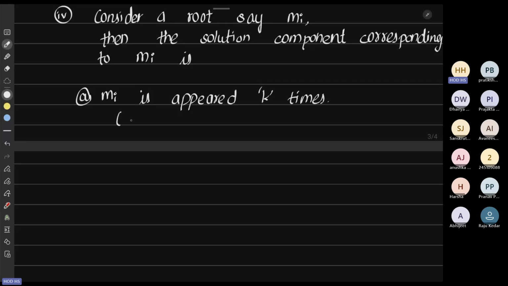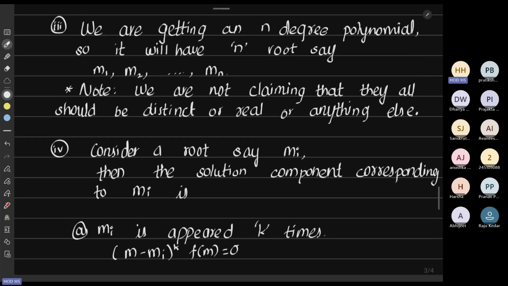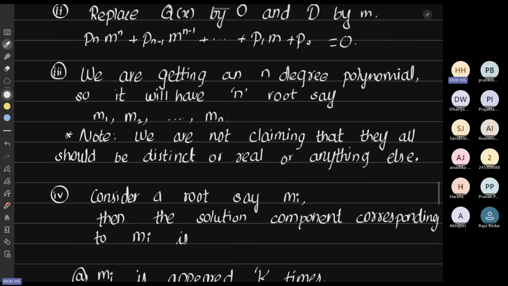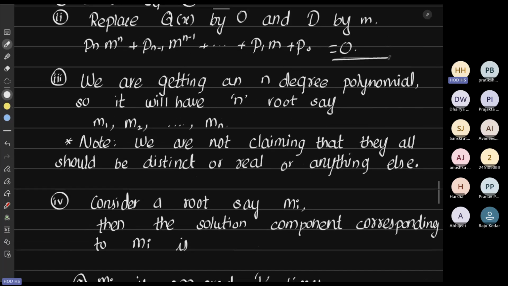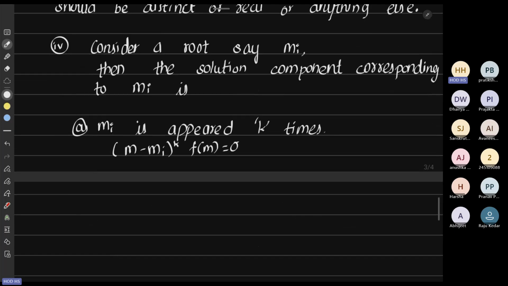So for the expansion, I will have the term m minus mi power k in the expansion of f of m equal to 0 for the above equation. This equation number 3 can be rewritten like this. By appearing k times, I mean the root mi is repeated k times.